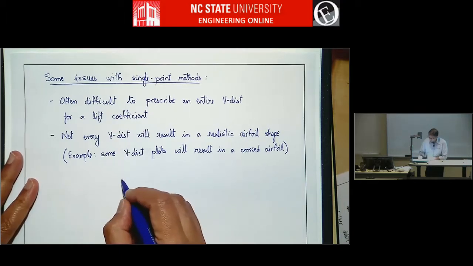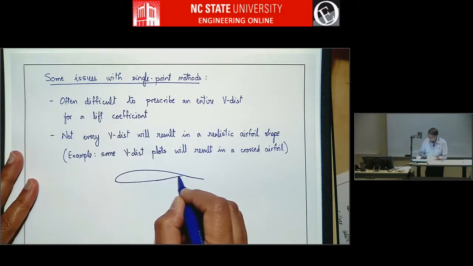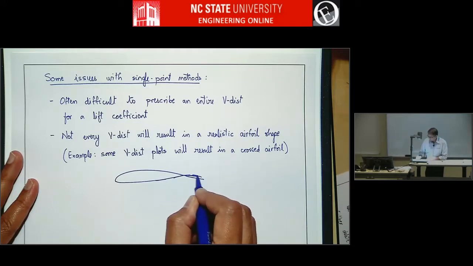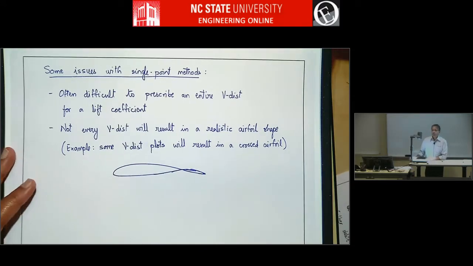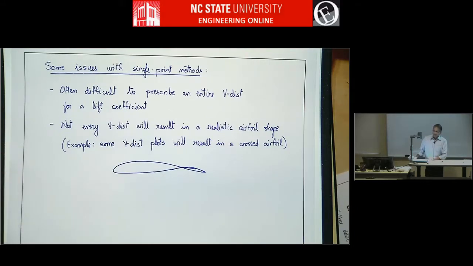So for example, you could get velocity distributions that mathematically will end up generating an airfoil shape like this. I mean, mathematically it will work. Conformal mapping will chug through all the equations and the airfoil will look like this. So even the latest 3D printer will have problems making this. It's not a physical airfoil.